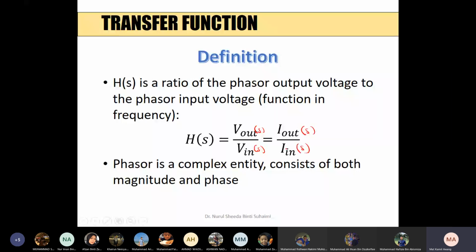Okay. A phasor is a complex entity, consisting of both magnitude and phase. So you have H(s), which has the magnitude, and also the phase of H(s). So you have both components, the magnitude and the phase.